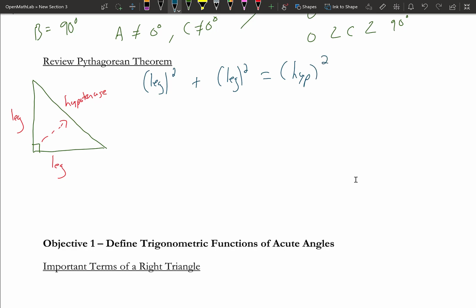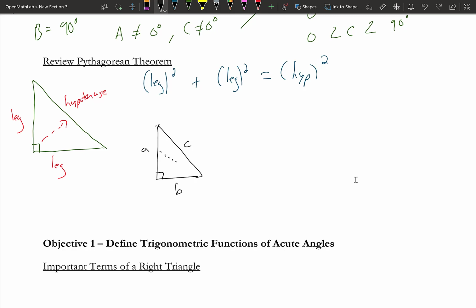When you learned this, you probably had it labeled as a, b, and this is c. Typically we use lowercase letters for the side lengths, and capital letters for the angle measures.